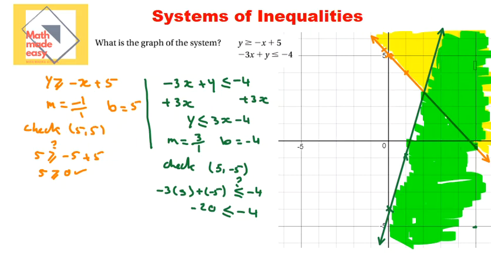Any point in this intersection is a solution in the system. Let's make sure. So the solution of this system is any point in this region. It's not a point in this green only, or in this yellow only region. No, it is a point in the intersection between the two shaded regions.